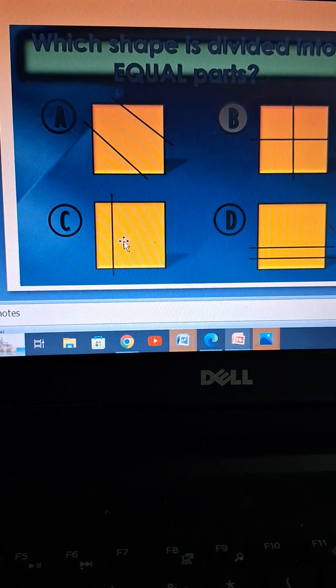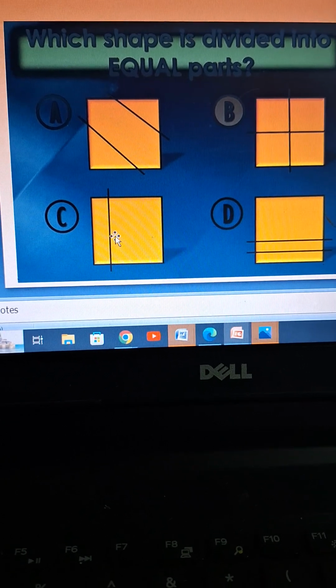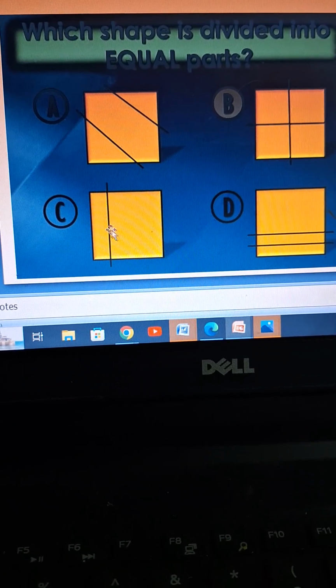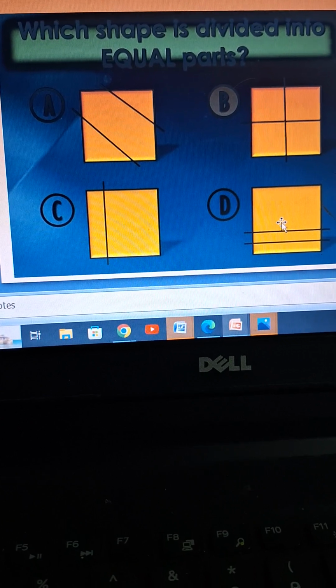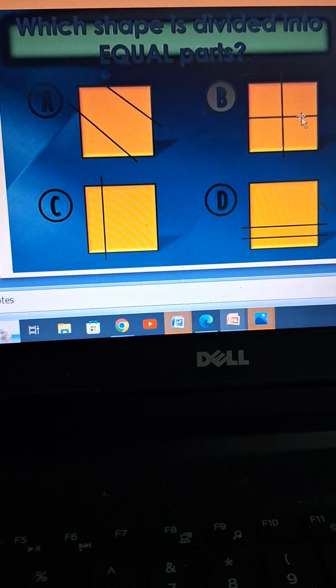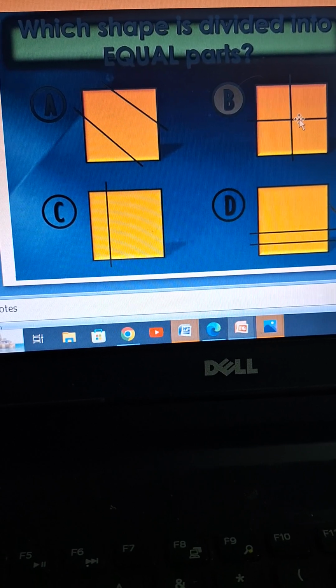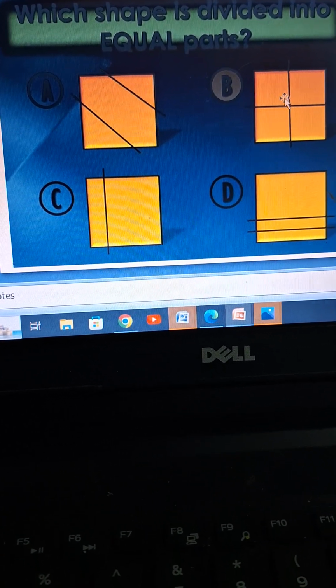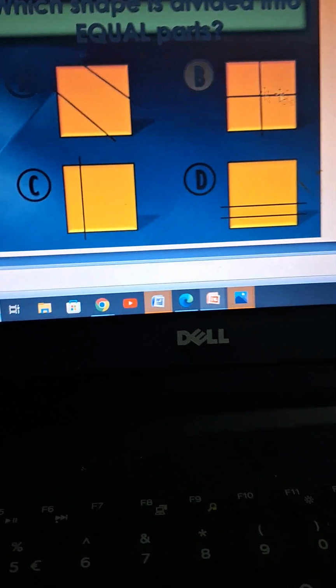In the second case, in C, the whole thing is not divided equally. In D, it is also not divided equally. Only in the case of B, the whole square is divided into 4 equal parts and each part is the same as the other.